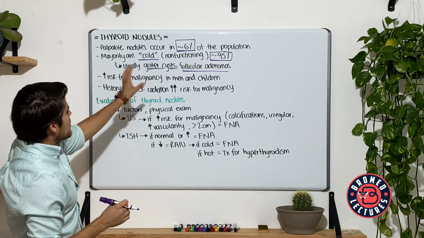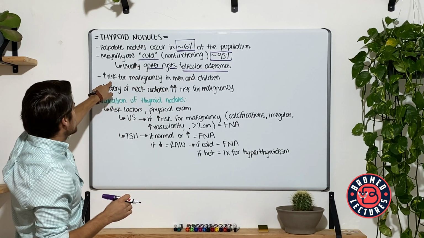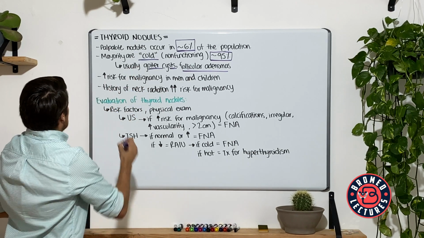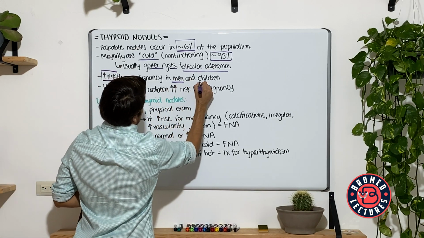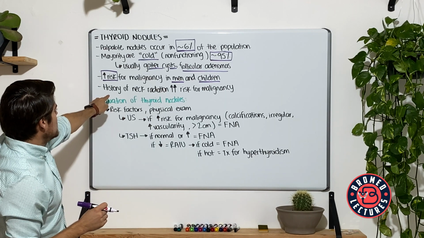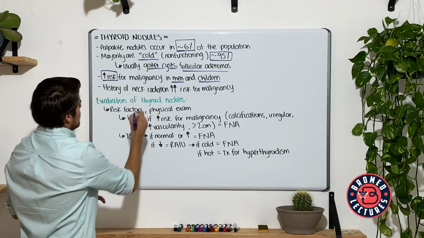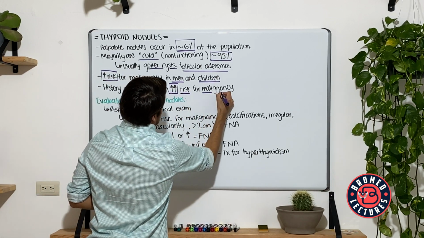And these are more commonly seen in women. That's the reason behind the increased risk for malignancy if the patient is either a man or a child. And also, if the patient has a history of neck radiation, this increases the risk for malignancy a lot.